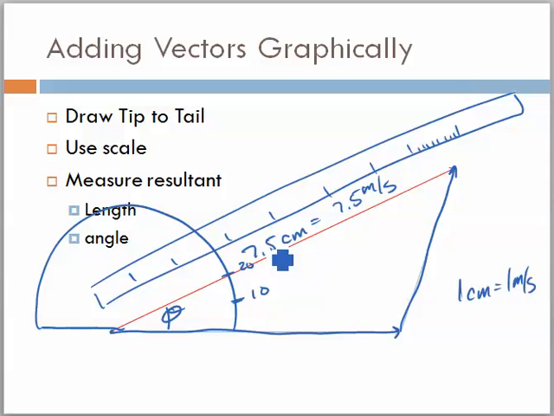So our final answer about our resultant, and we're saying the red one here is the resultant, we might say then that we had a resultant vector of 7.5 meters per second at 20 degrees northeast.